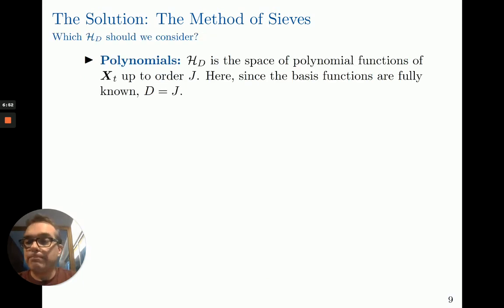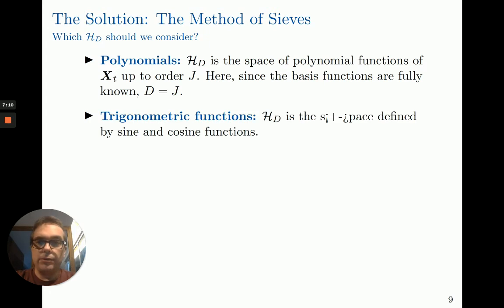So, which kind of simpler functions can we consider? Polynomials are the simplest approach. So h_d will be the space of polynomial functions of x up to order j, and since the functions here will be fully known, d equals j.